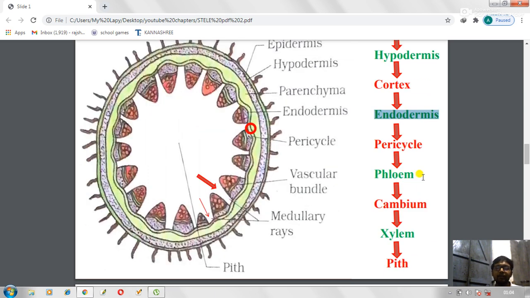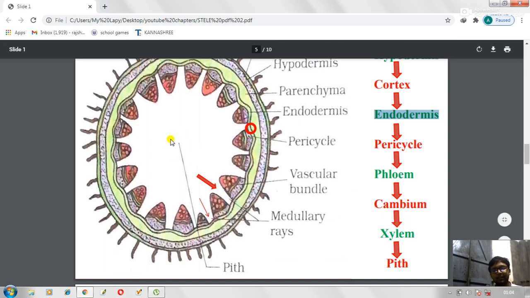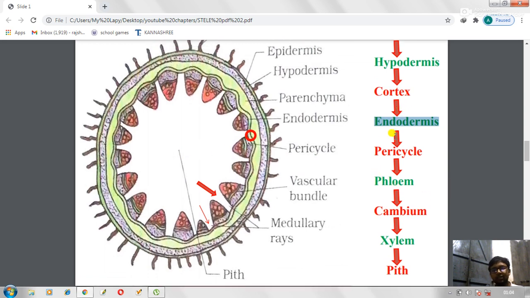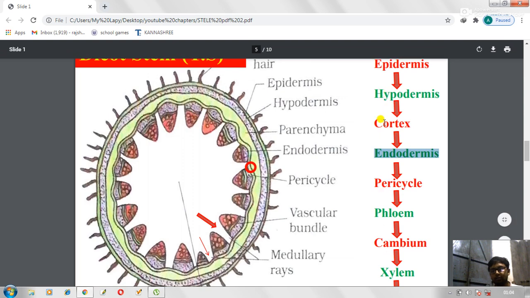So phloem is there, and inside the phloem the cambium, then after the cambium xylem is there, and ultimately at the central region the parenchymatous pith with intercellular spaces. They are all living; here the xylem is not living. This is most important. So this is the chronological order of steps: epidermis, hypodermis, cortex, endodermis, pericycle.